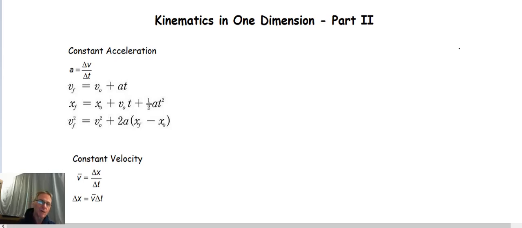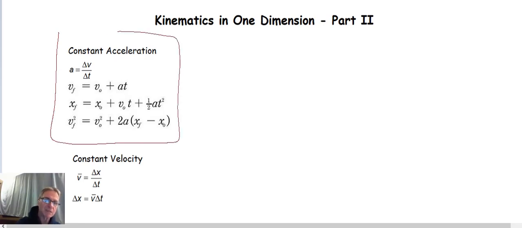If we look over on the left-hand side, what we've got are kinematics equations, and these equations are really just combinations of the equations that we started with in the last session. Velocity equals displacement divided by time.